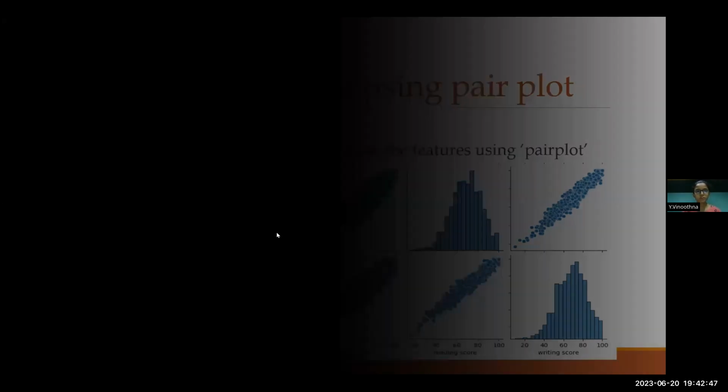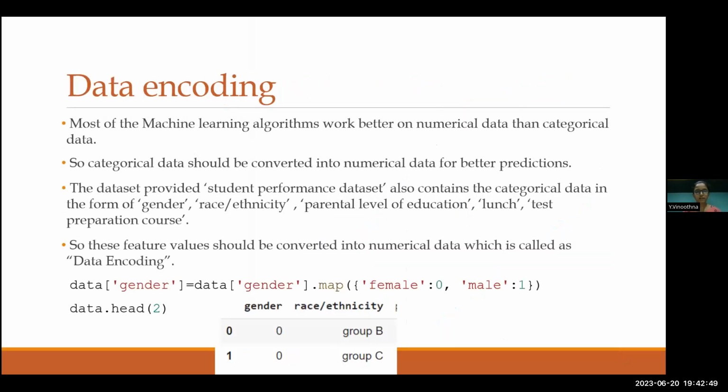So up to now we have found that our dataset has no null values, and we have visualized some graphs between two features. Now we have found that our dataset has some categorical columns where numerical values are not present.